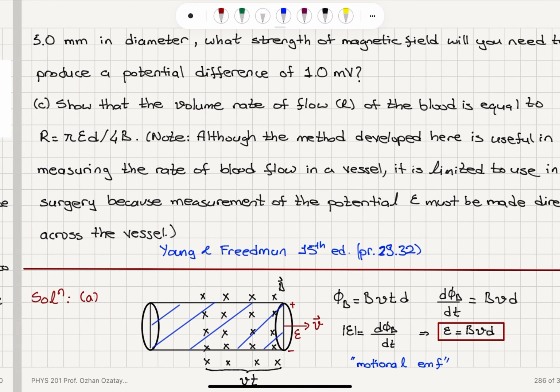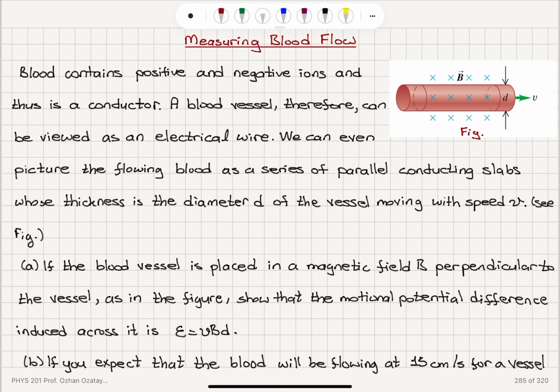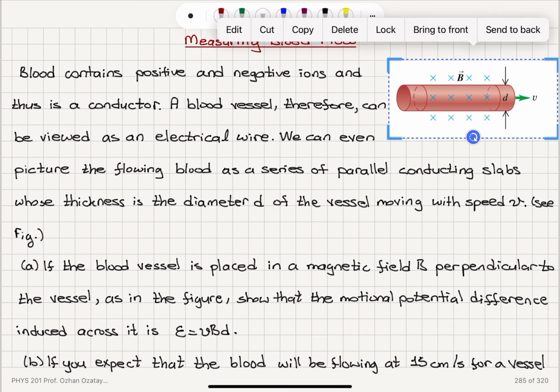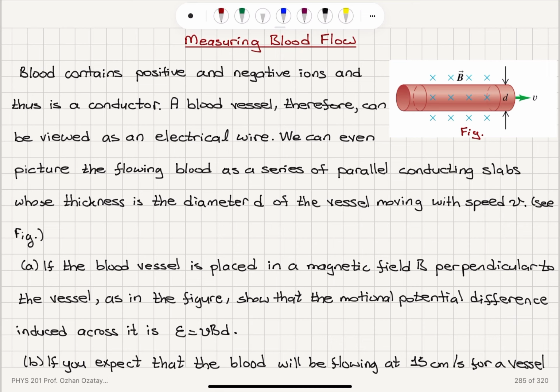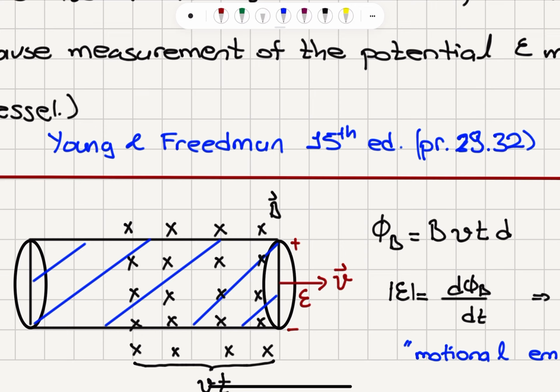So here we have seen an example of motional EMF. For the blood vessel here, we can think of positive and negative ions that are basically moving with velocity v inside this cylindrical conductor. And when it enters a region with magnetic field B, according to the Lorentz force qv cross B, right hand fingers pointing in the direction of velocity curling into the page, the thumb points upward, a motional EMF will be induced.